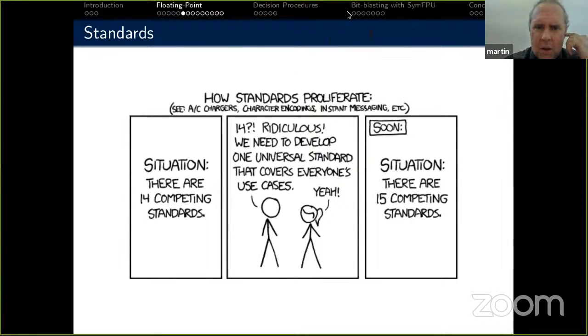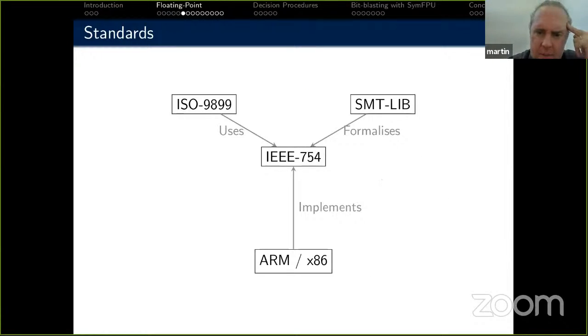the SMT theory of floating point. So this is standardization of a standard. So, links. IEEE 754 is the standard that specifies how floating point should work.